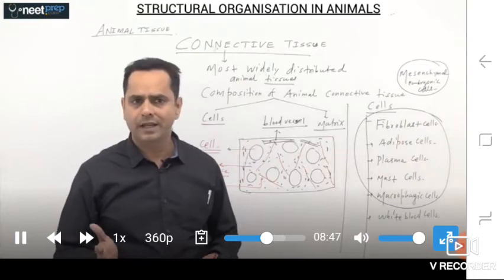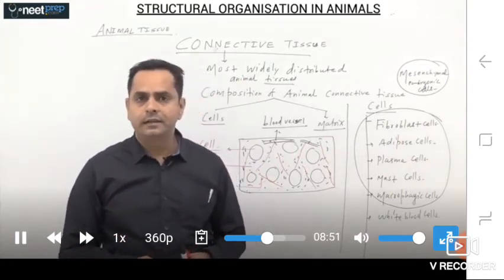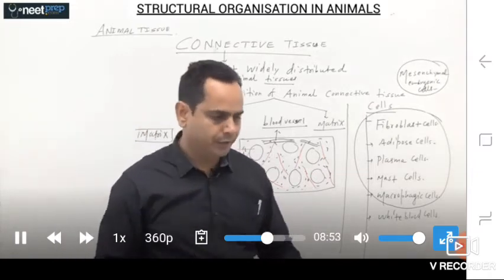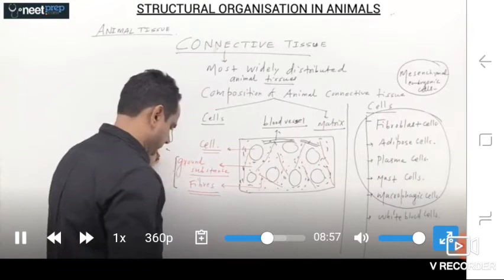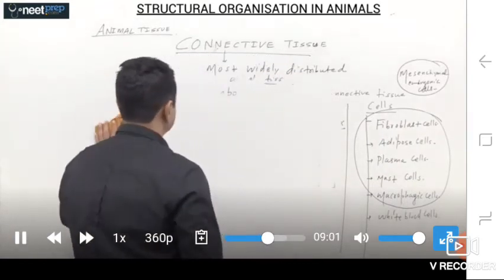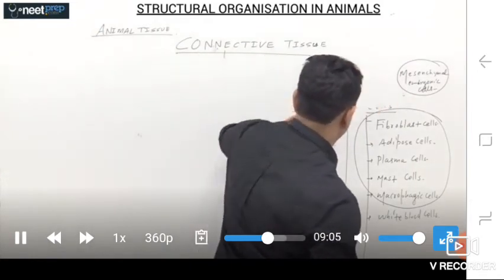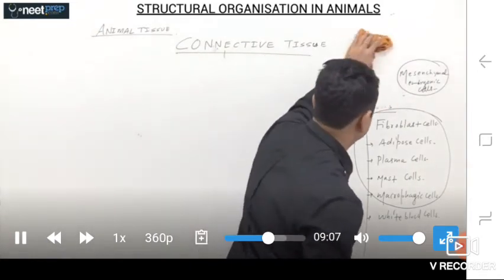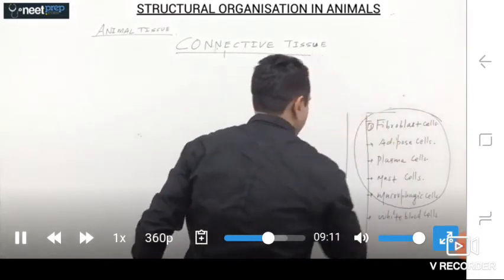That's fine. And fibroblast cells are the most abundant cells in the connective tissue. So look at here. First cells are fibroblast.